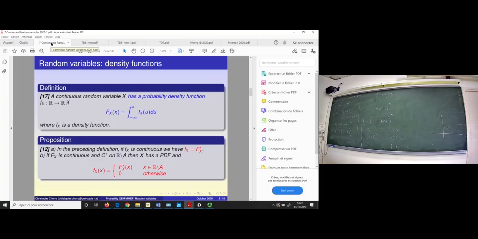If I compute the derivative here, the derivative will be the density of y, and will be equal to what? Here I compute the derivative, I obtain 0, I obtain 0, and I have to compute the derivative of this one. Be careful, I have a minus here. So I obtain n times 1 minus x to the power n minus 1, indicator function that x belongs to 0, 1.